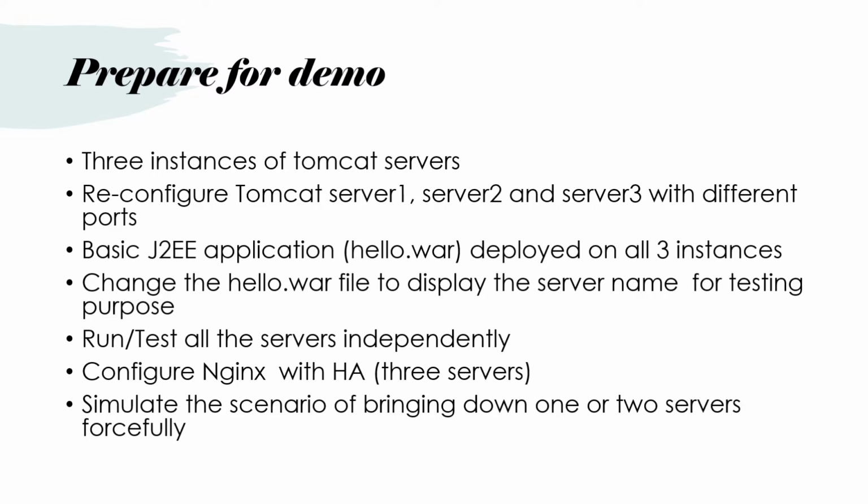And we also need a basic J2EE application, preferably a hello.war, because this is a demonstration of the traffic serving, not of the application exploration, deployed on all 3 instances of the Tomcat server. How to create a basic J2EE application, I covered in other videos.